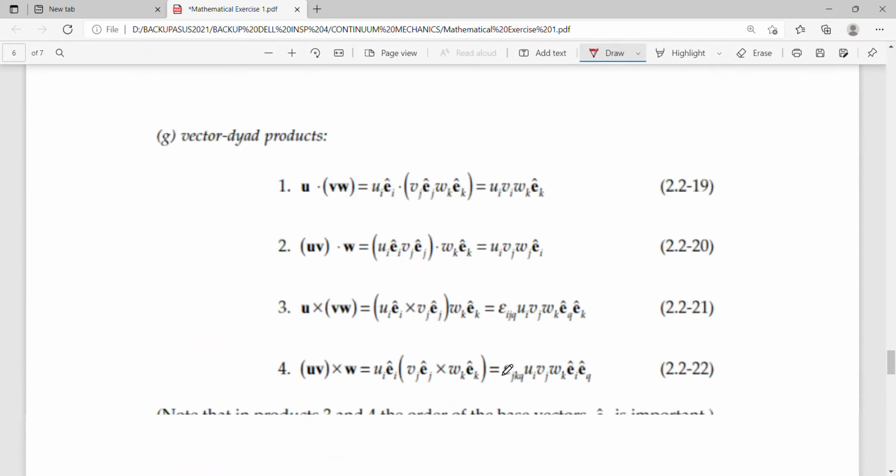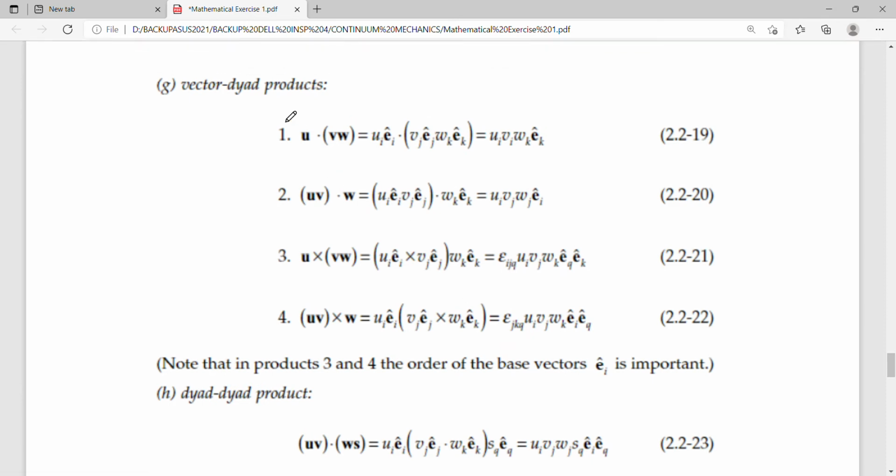Okay, so let's proceed with the application of tensorial operation or dyadic operation by simply looking at this. For example, here we have a vector and a dyad. So this is now a dyad versus a vector. Okay, so this is now a vector versus a dyad.